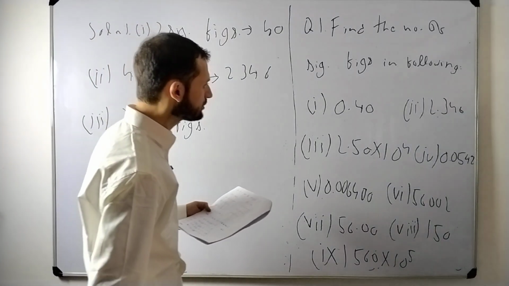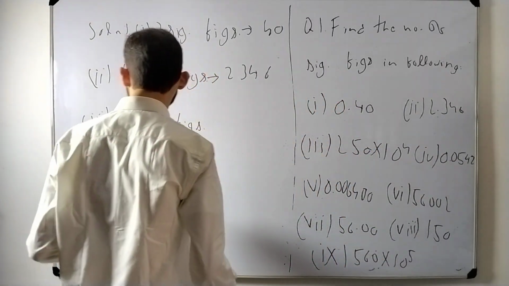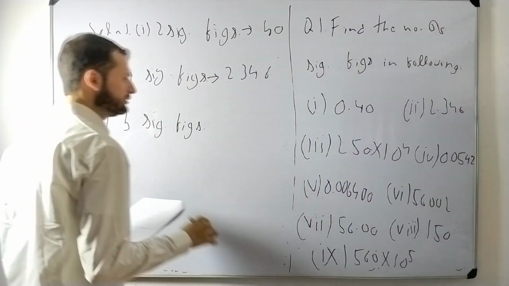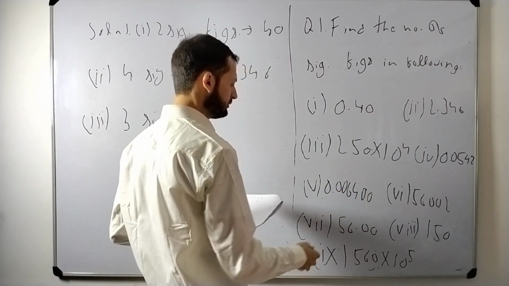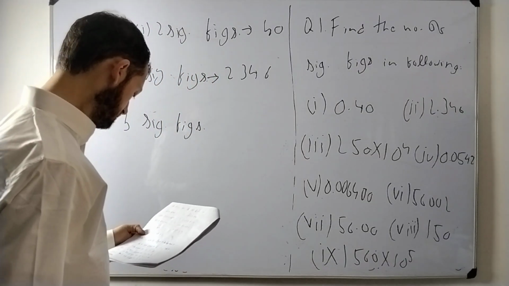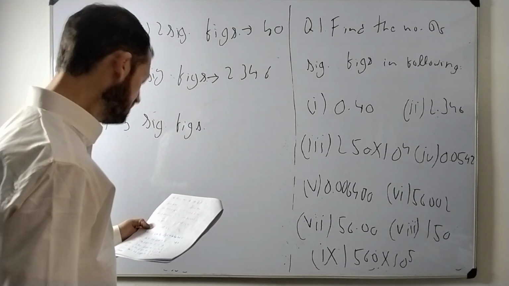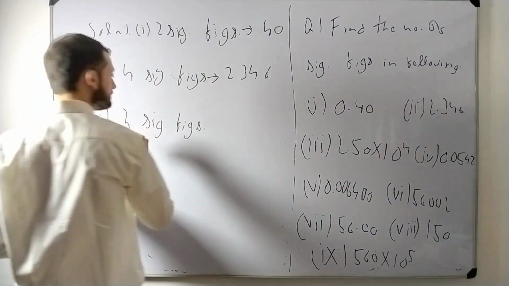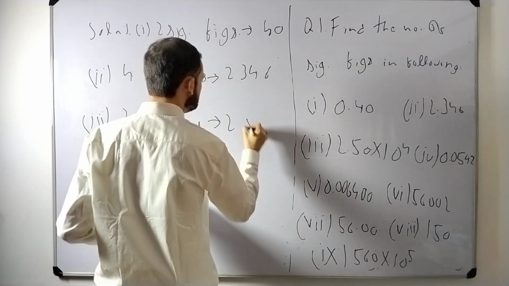I actually have written a wrong number here. 250 is the thing, and this should be 3. Actually, this would again repeat here, so it is not the right thing. Oh, yes, it is point. I didn't notice. 3 significant figures. What are they? 250.